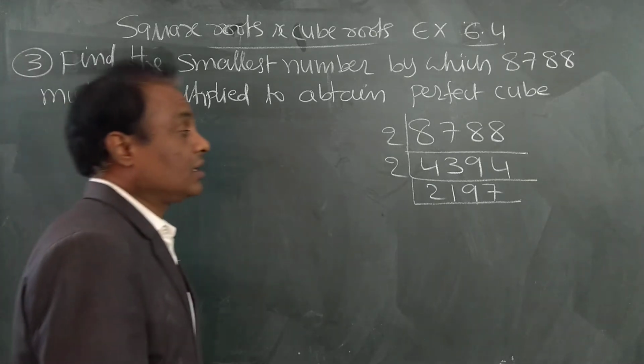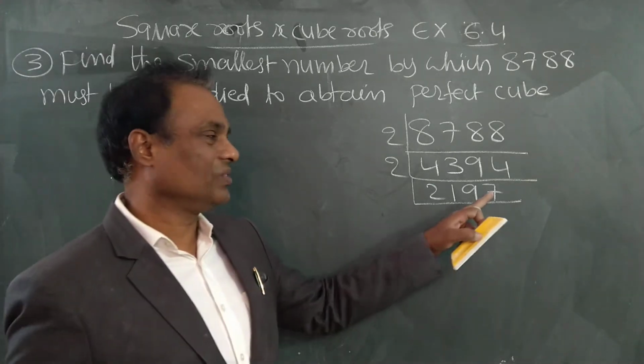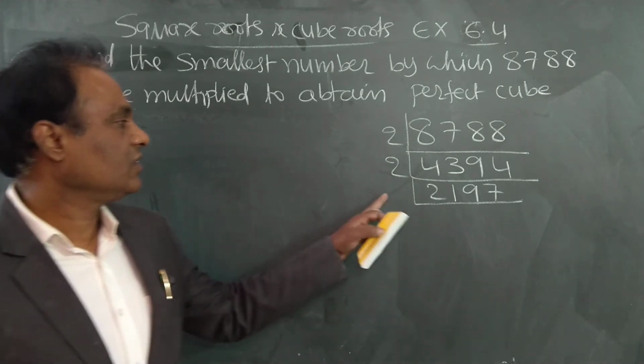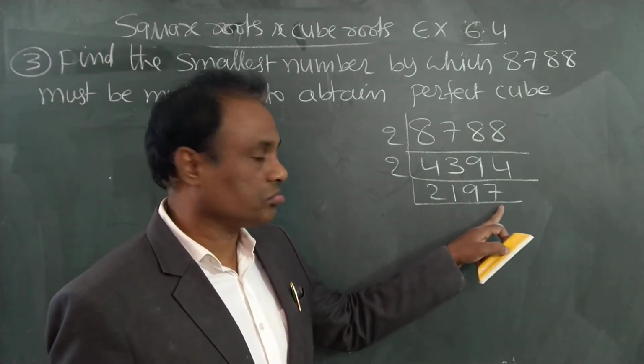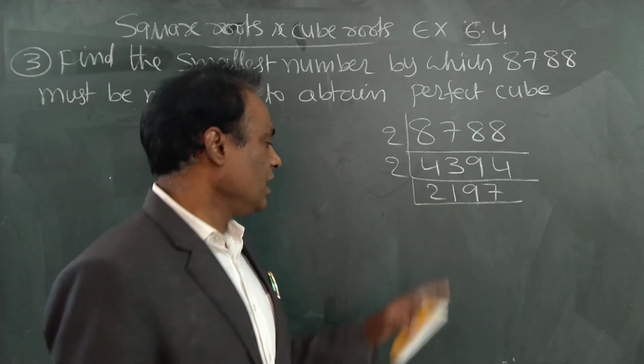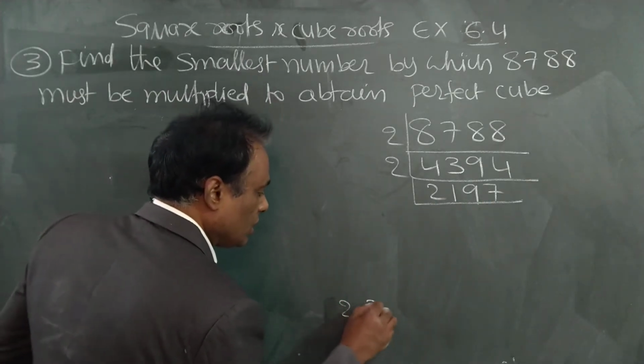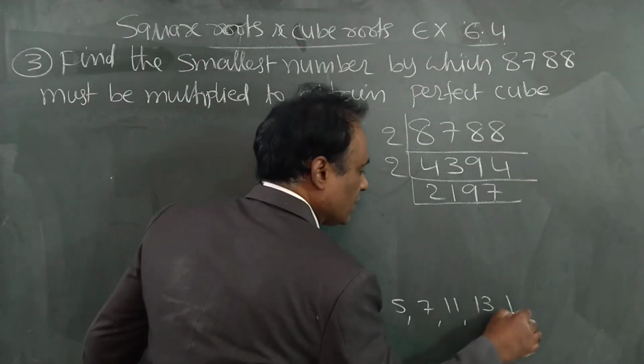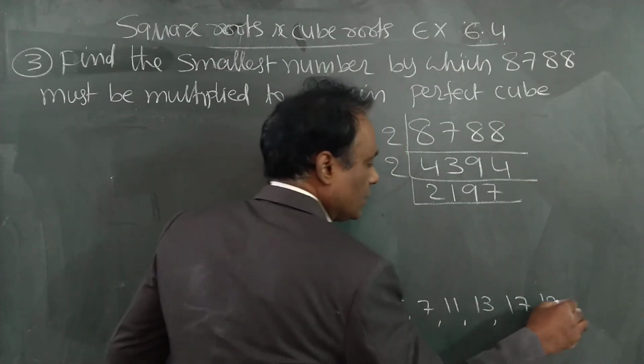Next, with 2 it is not divisible, because the last digit 7 means not divisible by 2. 3 7s are 21, 3 3s are 9, not divisible by 3. See, prime numbers are 2, 3, 5, 7, 11, 13, 17, 19, 23.